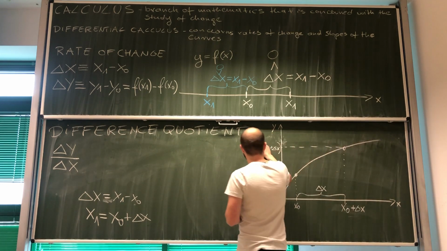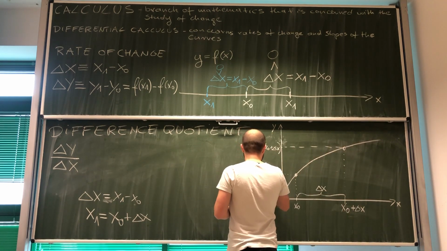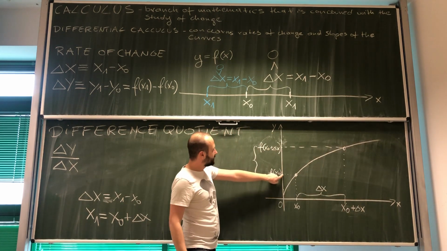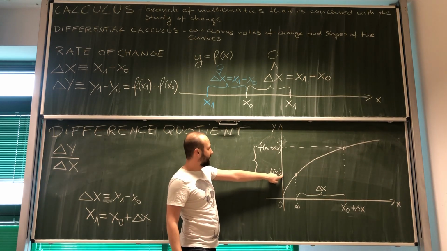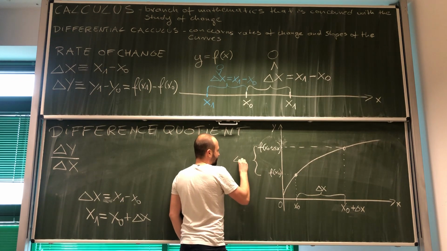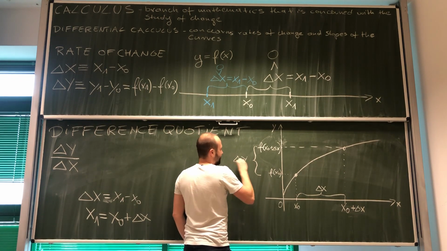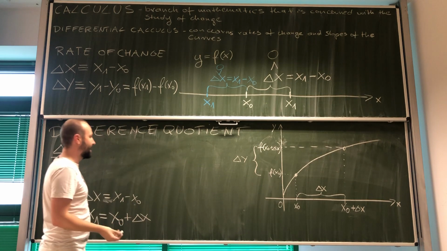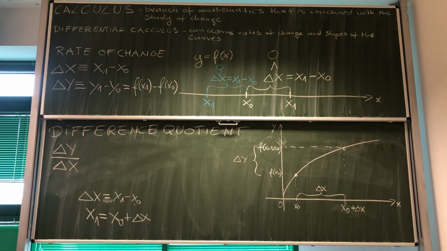So this distance that we see over here, this was the value of y at the beginning, this is the value of y now, so this must be the change in y, so delta y. Okay, knowing this, I can rewrite this difference quotient in a different way.